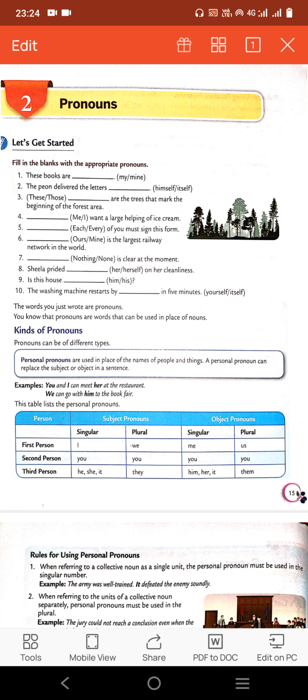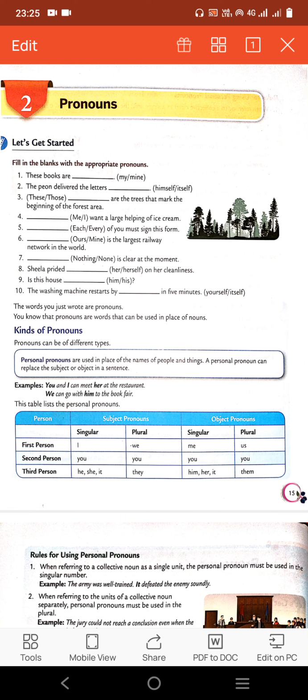Ours is the largest railway network in the world. Nothing is clear at the moment. Sheila prided herself on her cleanliness. Is this house his? The washing machine restarts by itself in 5 minutes. So we have done the introduction exercise here.